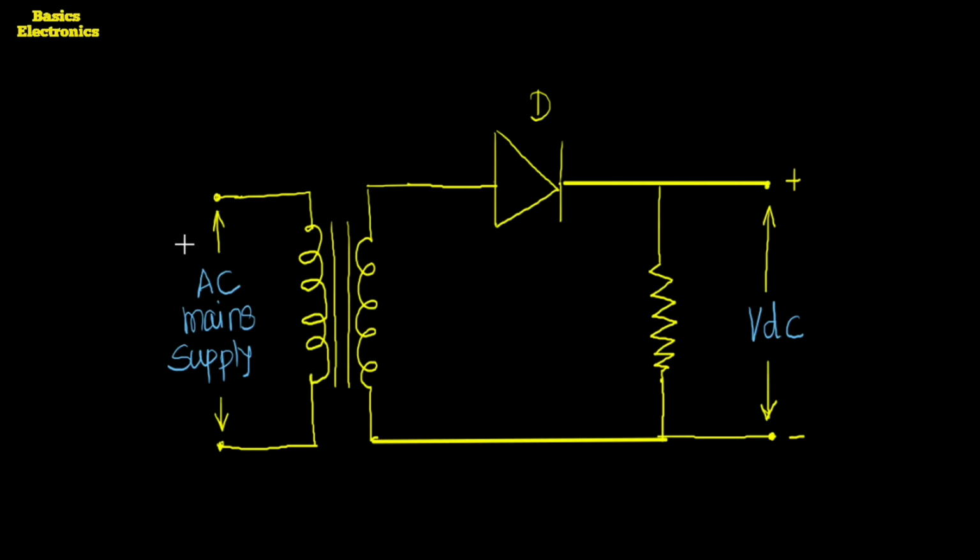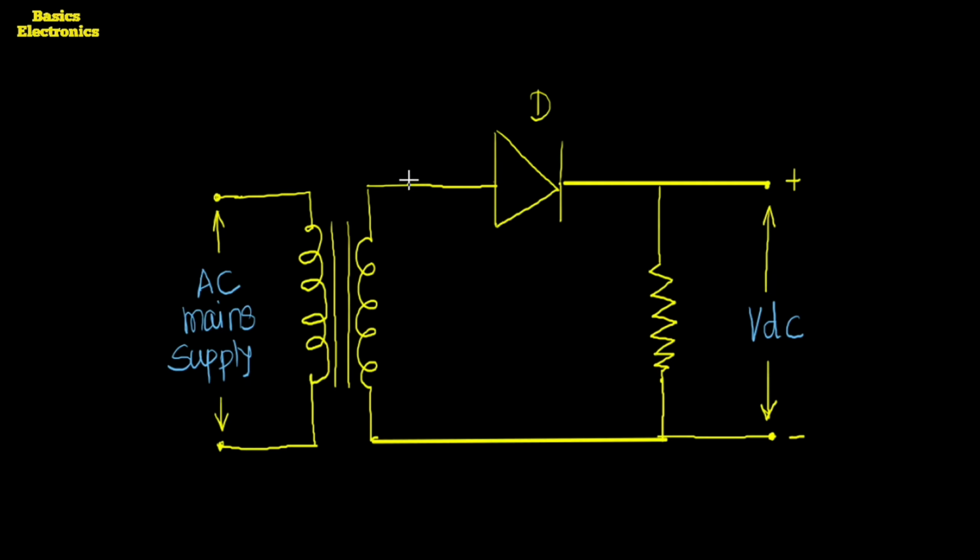Here the primary is connected to the AC main supply, and the secondary is connected to the rectifier circuit. Whatever input voltage goes to the rectifier is given from the secondary of the transformer.